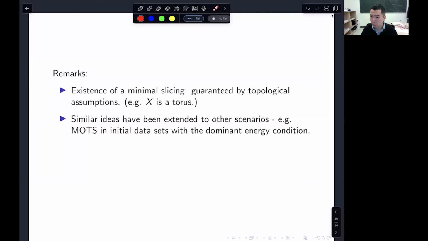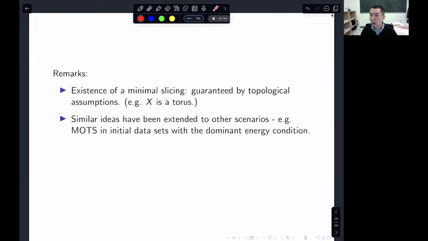But when we look at not necessarily time symmetric situations, then we are dealing with initial data sets in general relativity with the so-called dominant energy condition. That's a more general condition than non-negative scalar curvature.